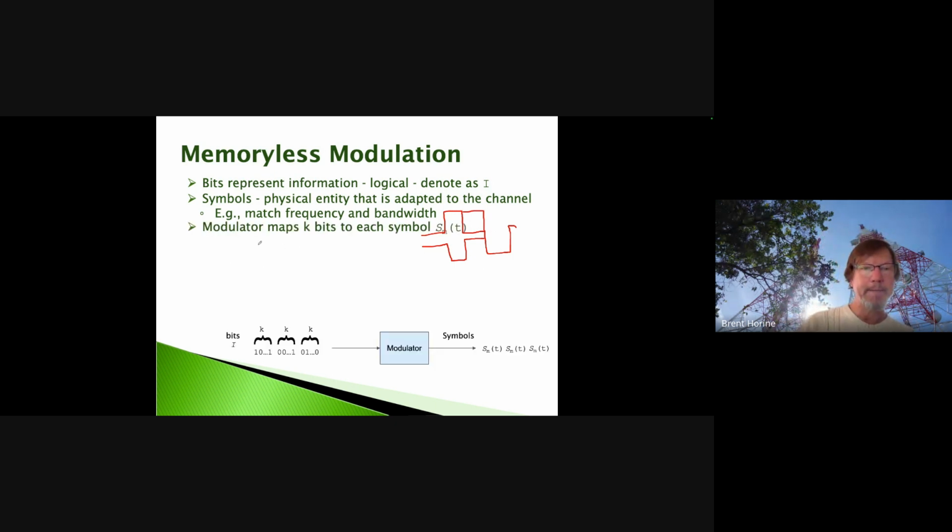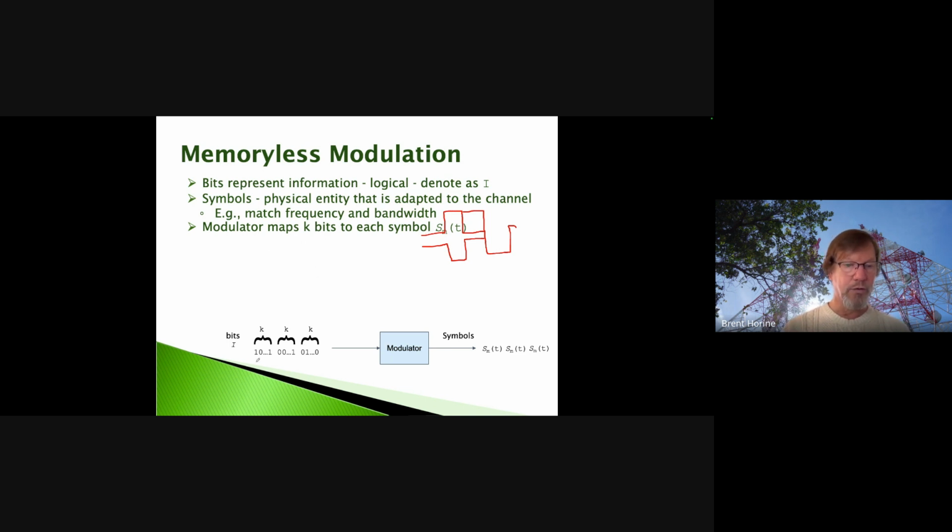So the modulator maps some number of bits to each symbol. And what I've just been talking about would be a K of 1, where we map 1 bit to one symbol. But we don't have to.